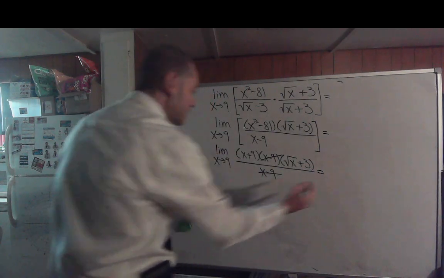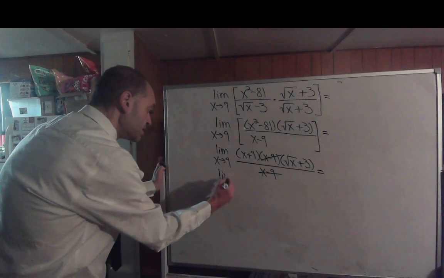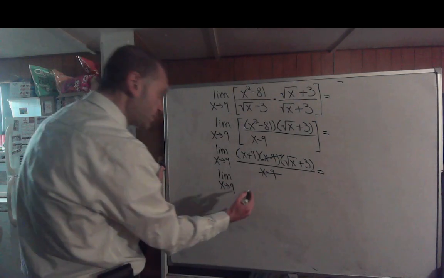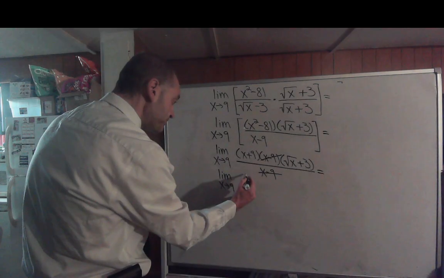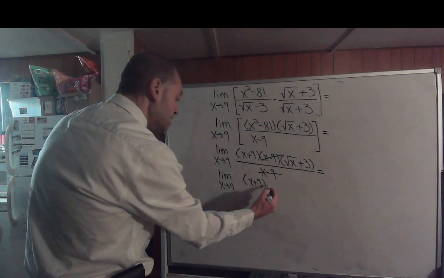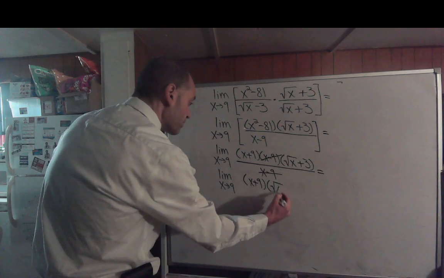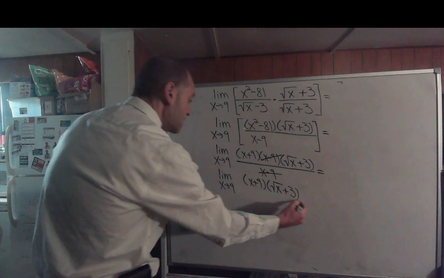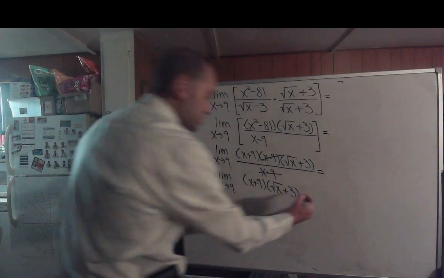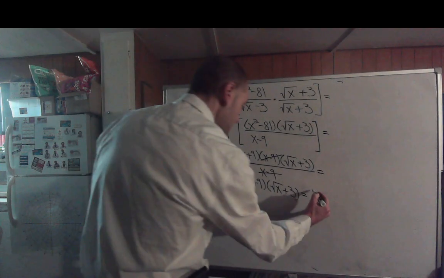So let's rewrite this. You would get the limit as x approaches 9 of x plus 9 times the quantity of the square root of x plus 3. And we have a form we can do direct substitution. So let's put in that 9 for x.